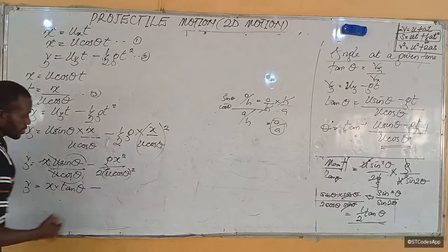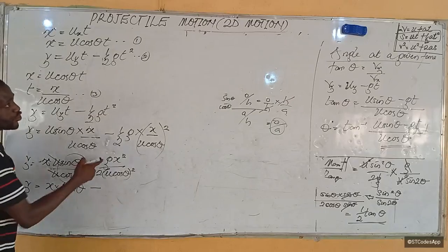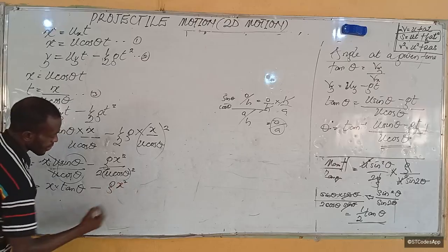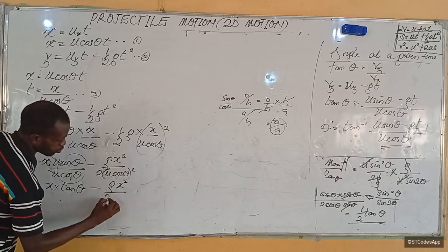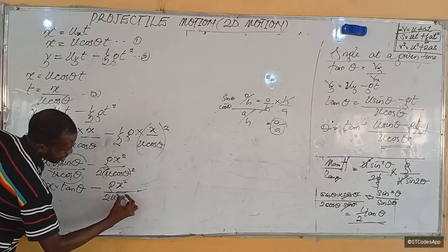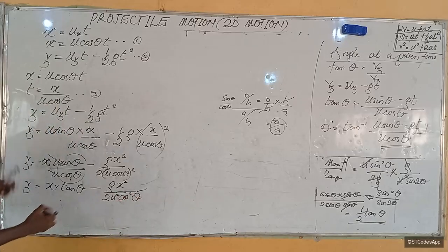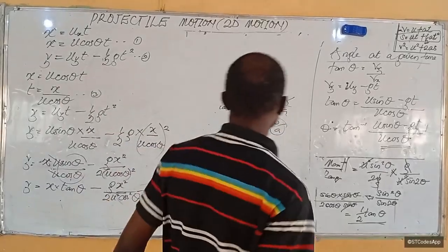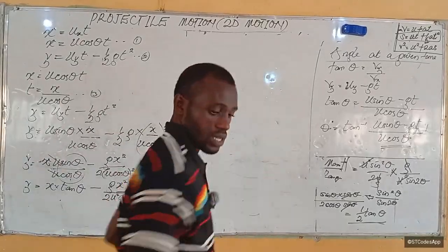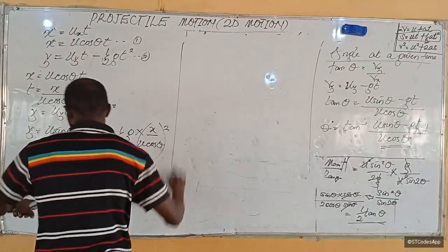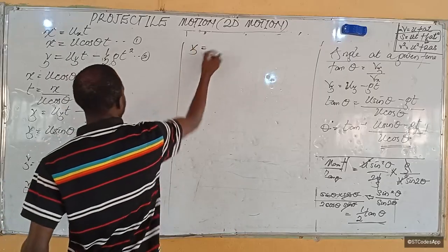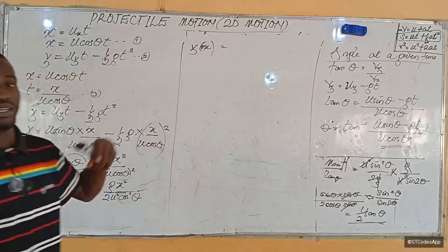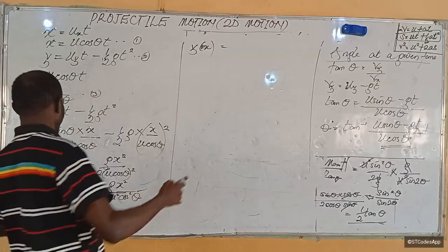Is that clear? Minus, now looking at this, g x squared over 2u squared cos squared theta. So by the time we write this in terms of the equation for a parabola, this is y in terms of x.